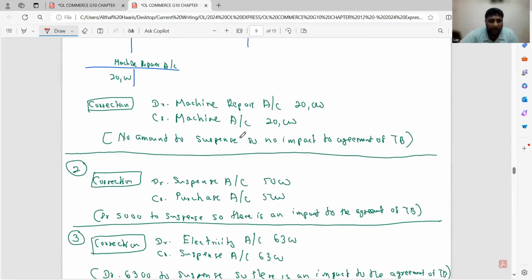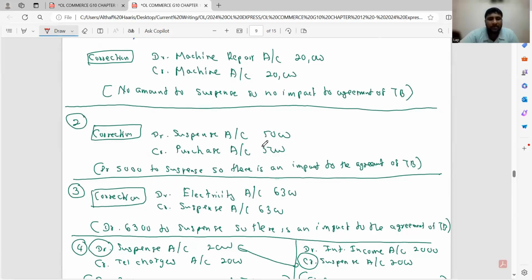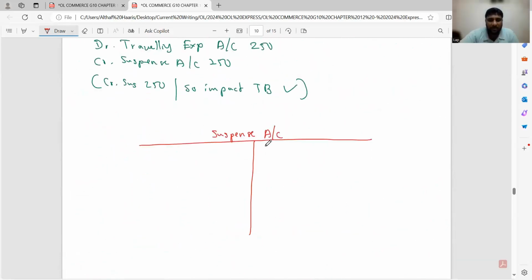First one, no impact. Second one, debit 5,000.